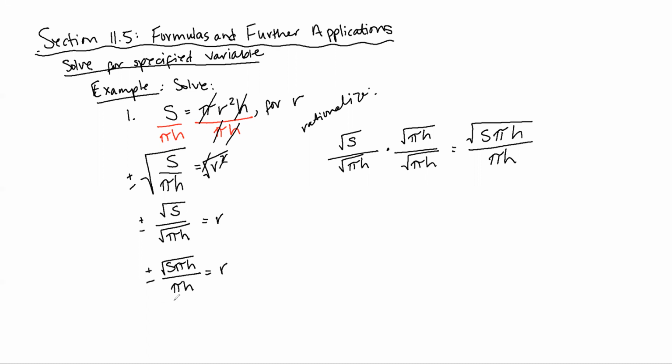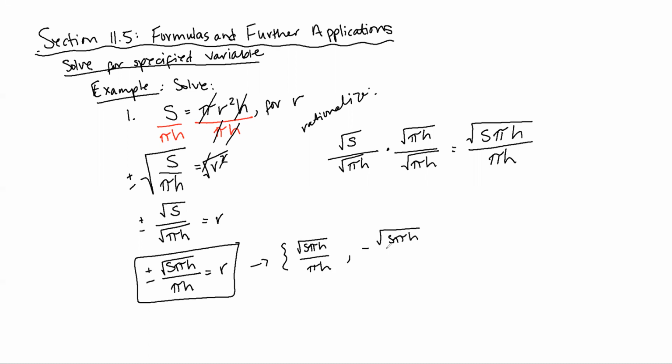So two different answers if you wanted to split this up. You're going to have positive square root of s pi h over pi h and negative square root of s pi h over pi h.